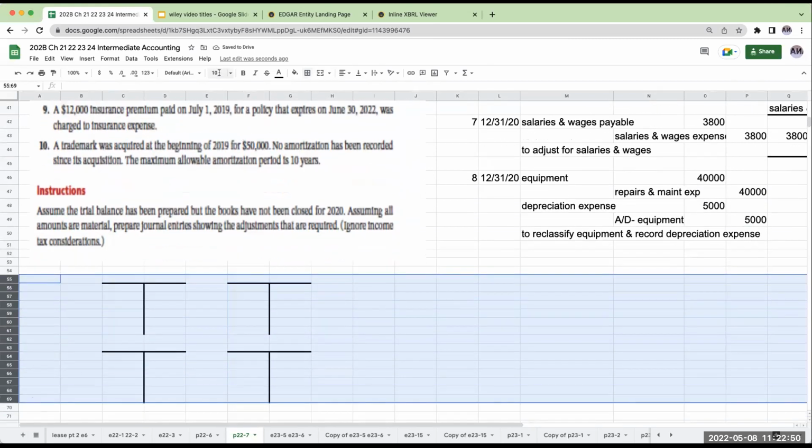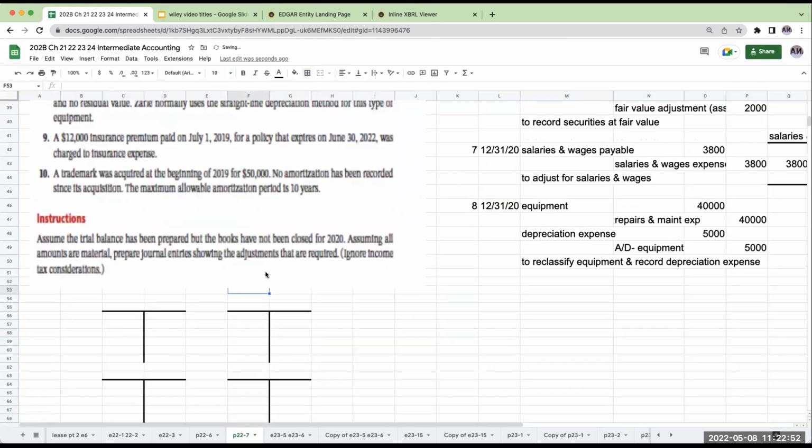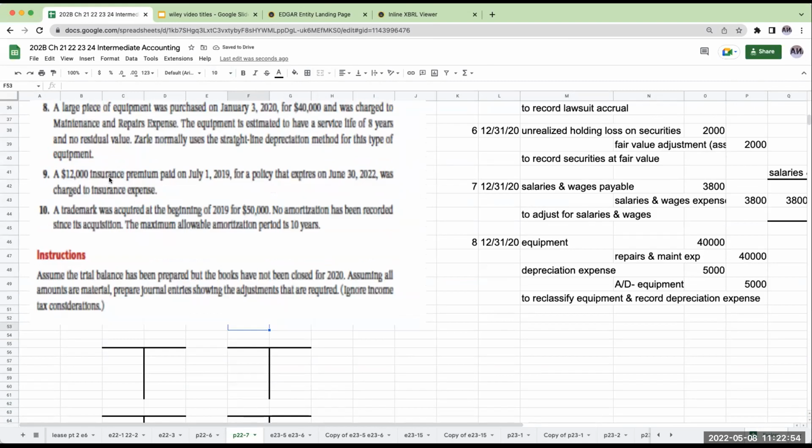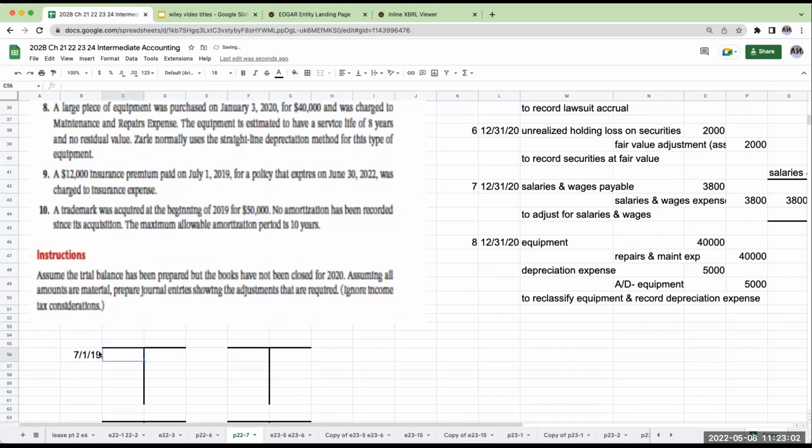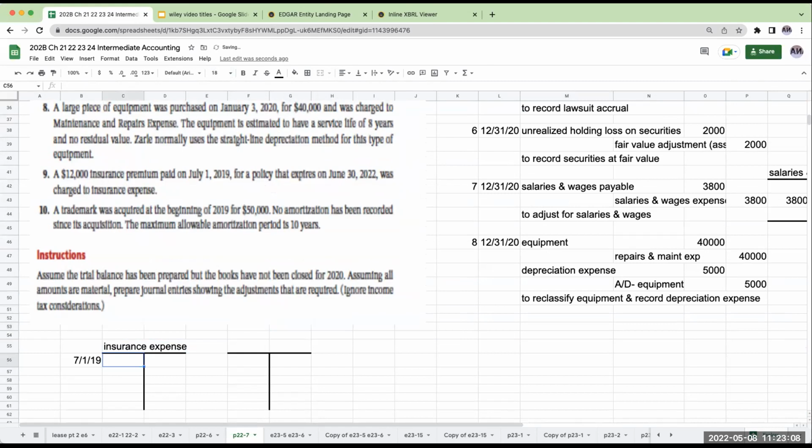Okay. So a $12,000 insurance premium that was paid in the prior year, on July 1st, 2019, was charged to insurance expense. Okay, so right over here, a $12,000 amount was charged to an insurance expense.